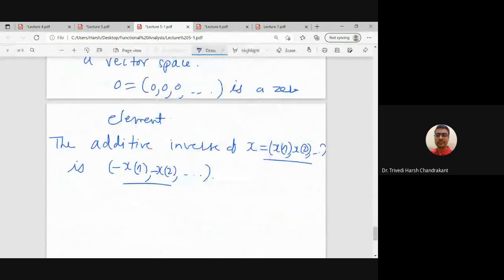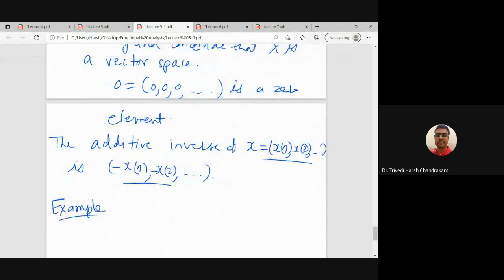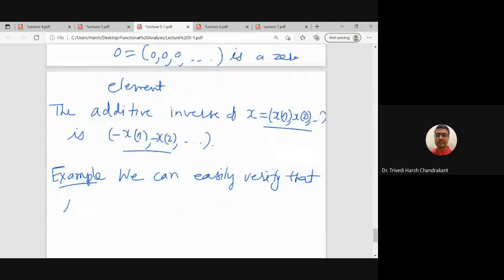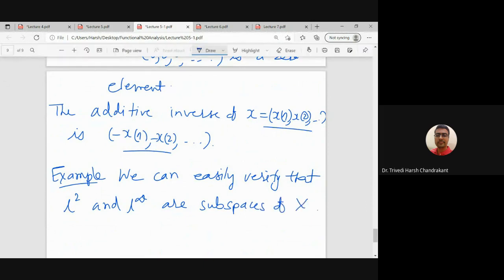Similarly, we can check L2 and L infinity are subspaces of X.